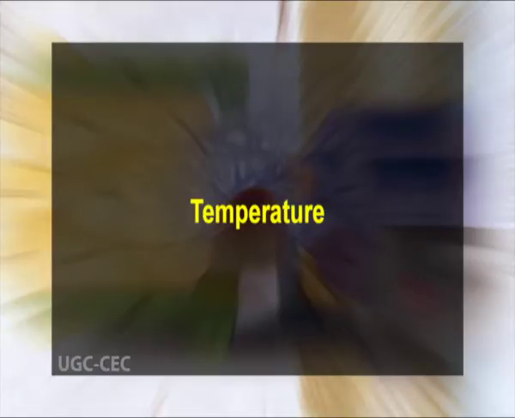Second is temperature. The rate of physiological processes is markedly influenced by the temperature. Within the range of about 10 degrees to 30 degrees, an increase of 10 degrees, say from 15 to 25, usually causes the rate of metabolic processes to go up by a factor of 2 or more.